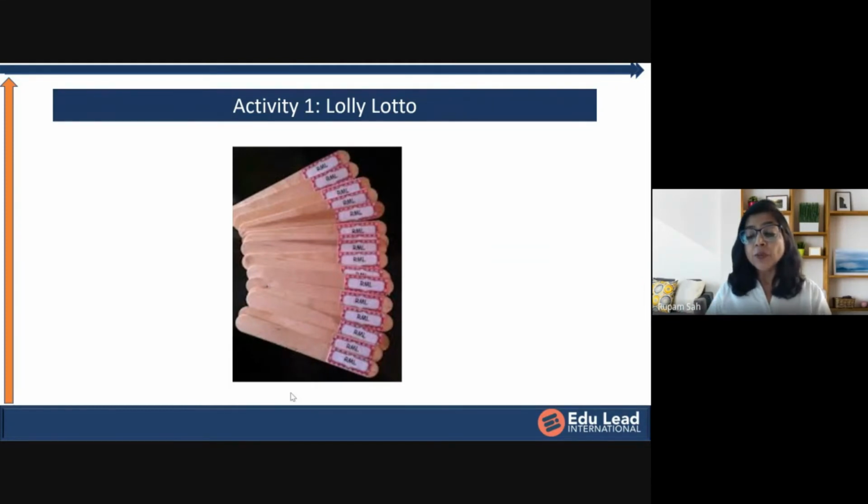But if you want to do differentiation by questioning over here, when you are asking a question, and you know that this question is of a slightly low level or a middle level or a higher level, and you have taken out a stick, but that's not according to the level of the student, you can change the name, because it's only you who is able to see the name, right?